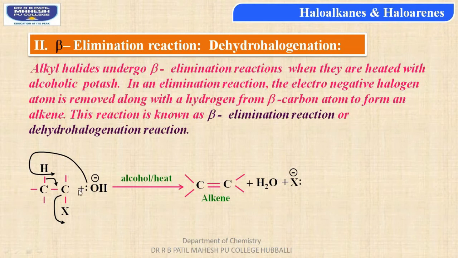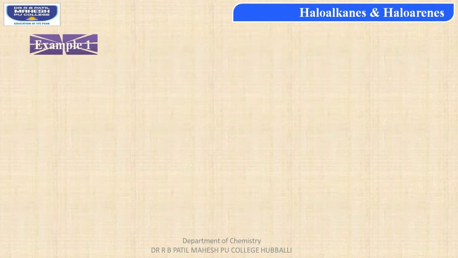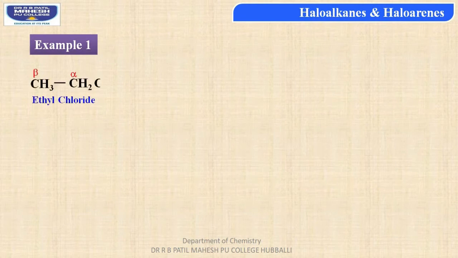In this way, when alkyl halides are treated with alcoholic potash under heating conditions, students, the elimination of hydrogen from beta carbon atom and also removal of the halogen occurs. Thus, this reaction is called dehydrohalogenation reaction, or it can also be called beta elimination reaction, and the product which is formed is an alkene molecule.